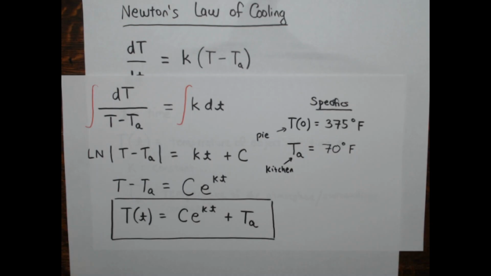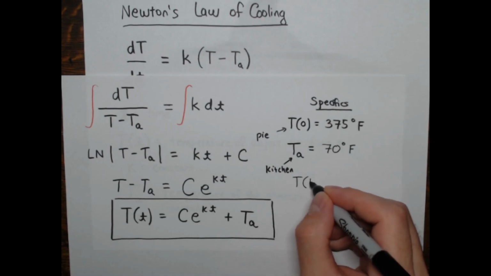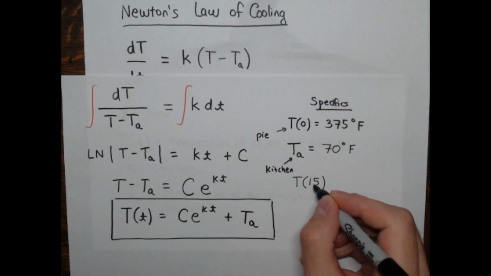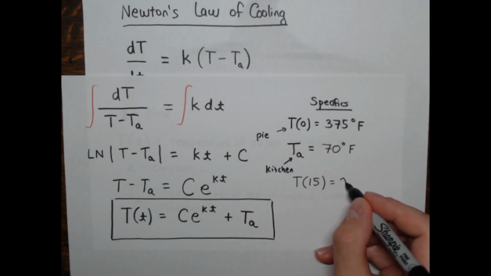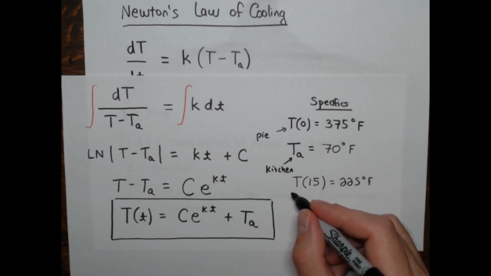Then they said 15 minutes after taking the pie out of the oven, the temperature of the pie is 225 degrees Fahrenheit. So T of 15, again 15 minutes, is 225 degrees Fahrenheit. And again, this is the temperature of the pie.